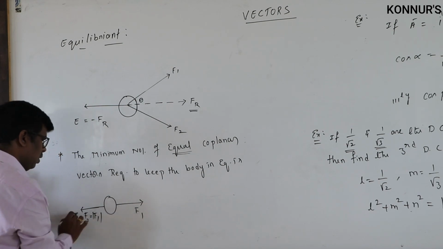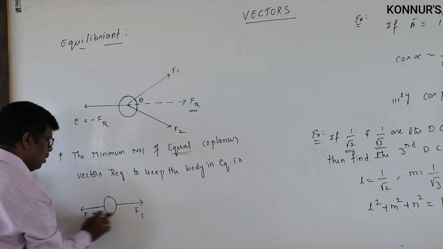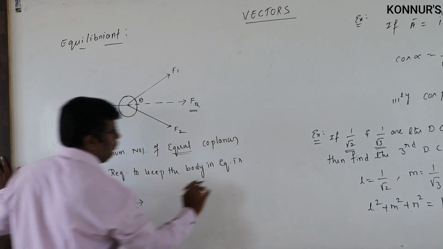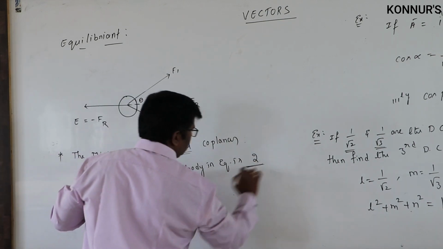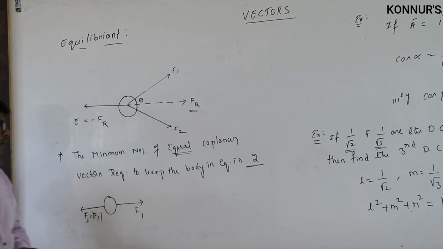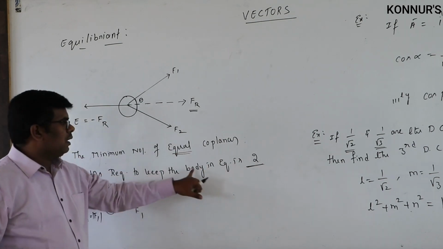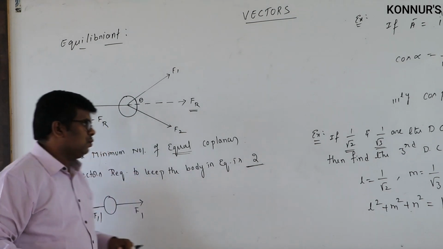It should be F1 in the opposite direction. So minimum how many forces are required? For equal forces, that is 2.